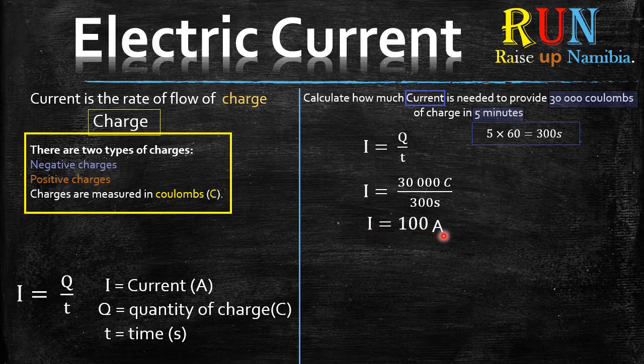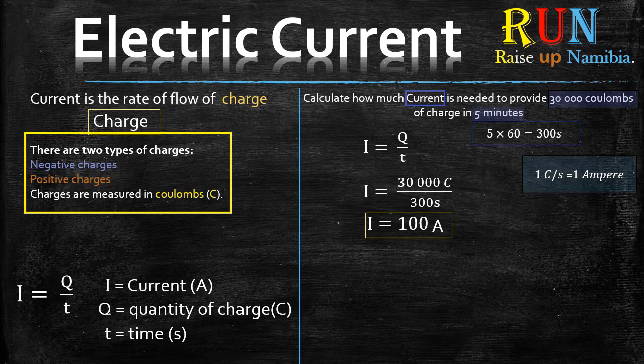That will be ampere, okay? Some people will ask, why is it not coulomb per second? Basically, that's because 1 coulomb per second is the same as 1 ampere. So that's why the unit for current is ampere, okay? So this is our final answer.